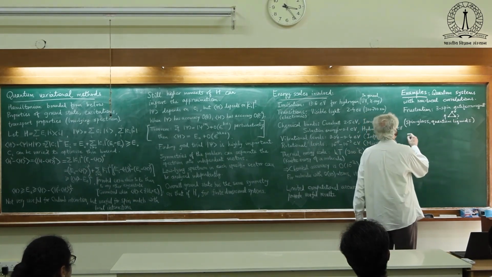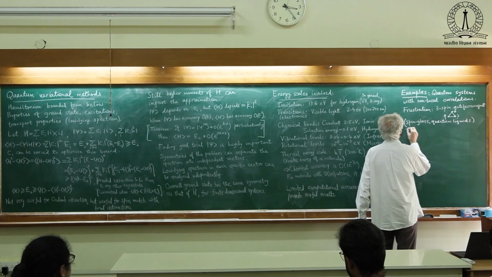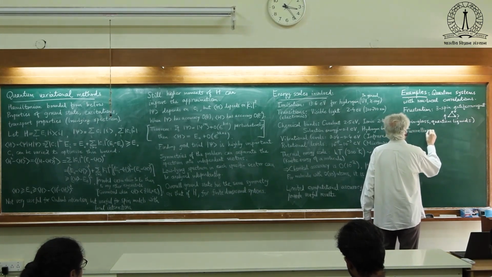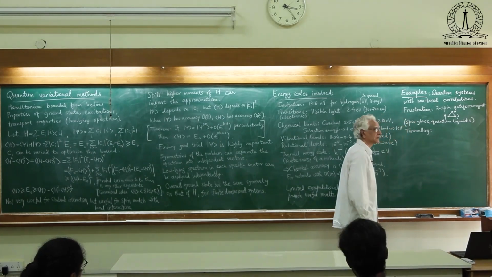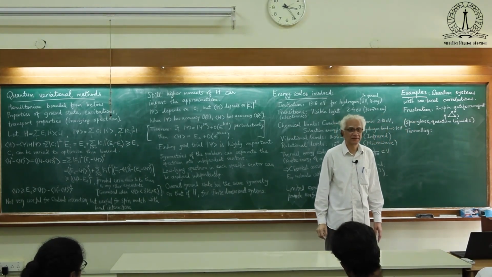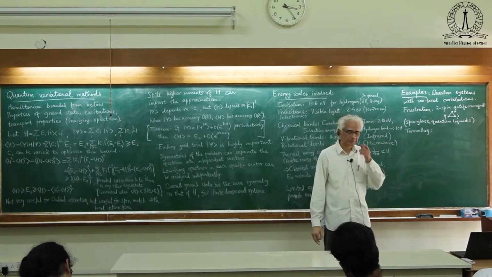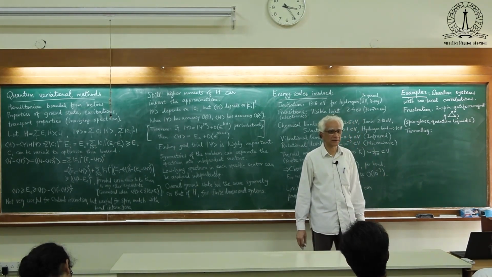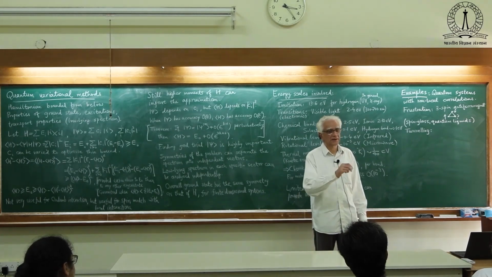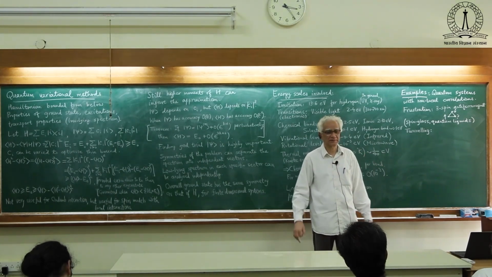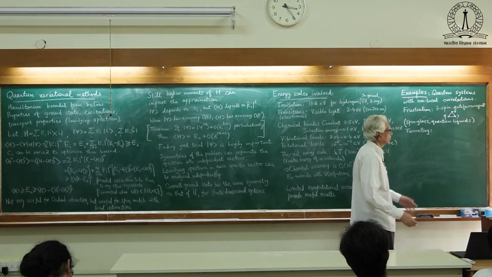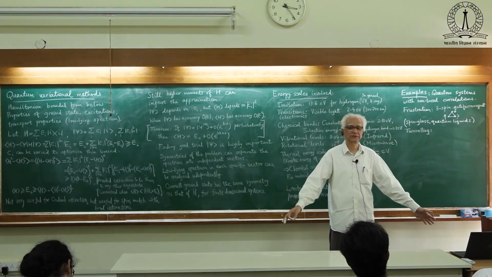Okay. The next label is something called tunneling, which again, we know there are multiple ground states, and you keep on going back and forth between them, and the overall thing is a superposition.